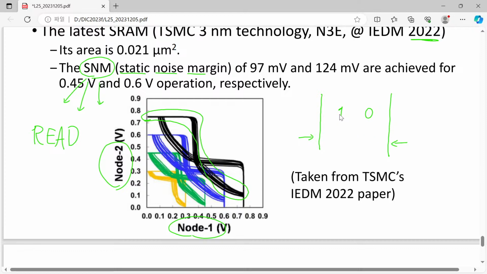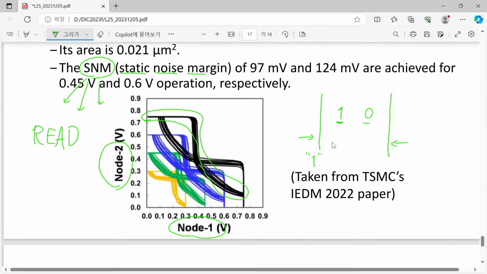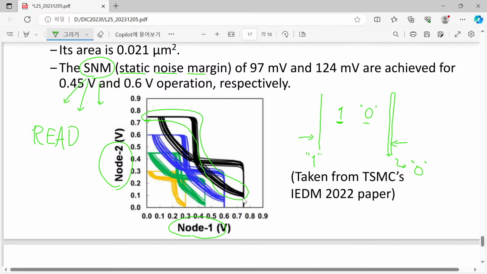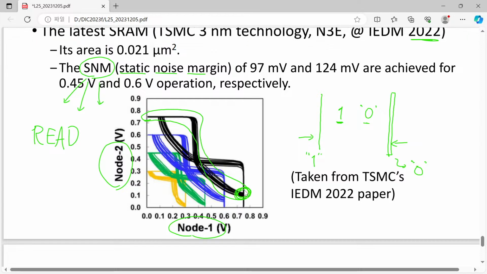Then what will happen? If this is the initial condition 1 and 0, and this pin line is kept at 1, you know that in this case we will have a lower value as an action of this stored 0. However, since it has a finite size and finite drivability, this voltage never goes to exact 0. That's the reason why we have a remaining value.